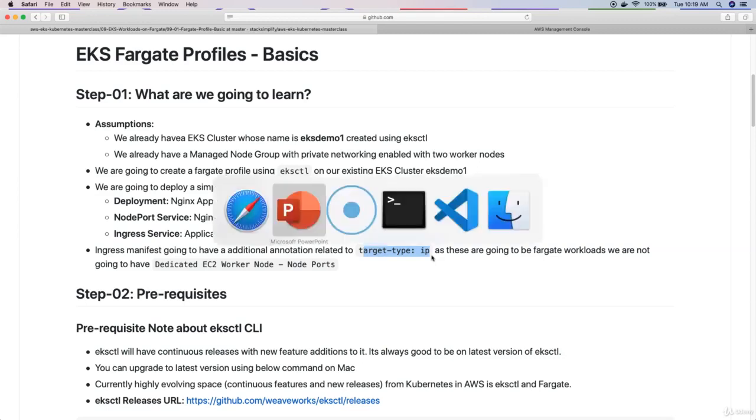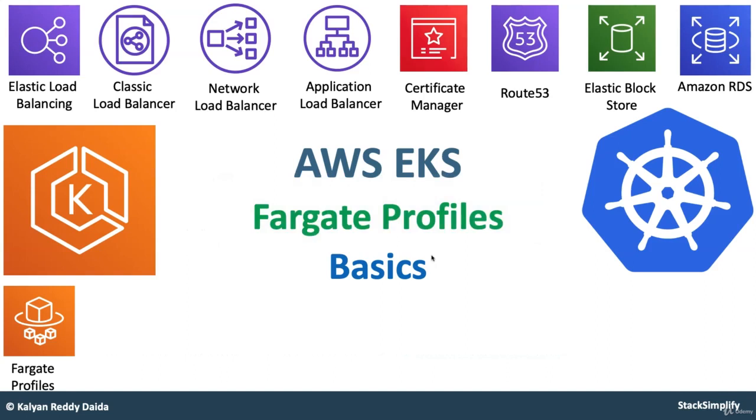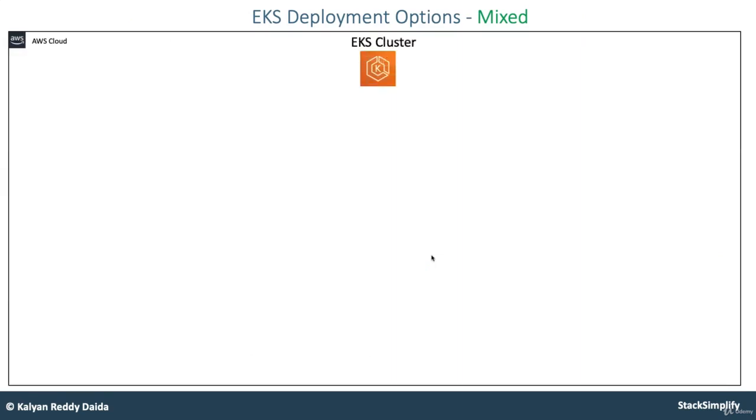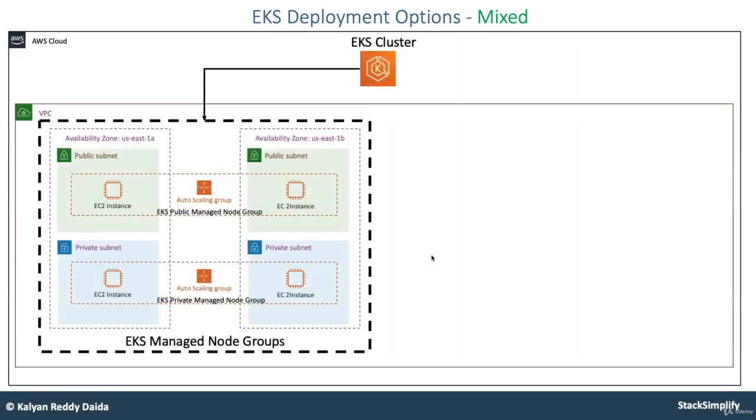So let's go back to our presentation once. We already discussed mixed mode in our introductory section, but we'll see the picture one more time. So we have an EKS managed node group with 2 instances in a private subnet currently. The depiction here also shows the public subnet, because managed node groups, which we create on EC2 instances, can be created in both public and private subnets.